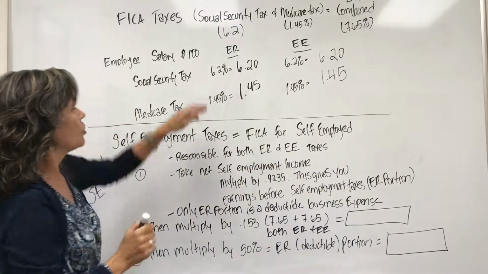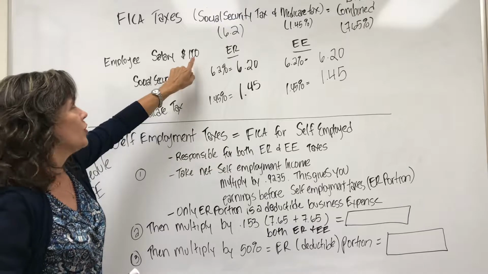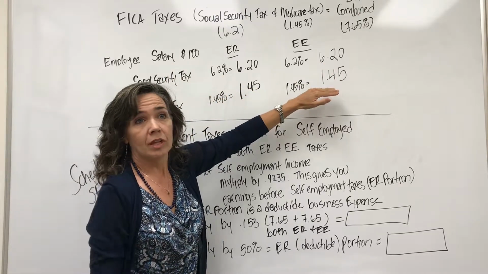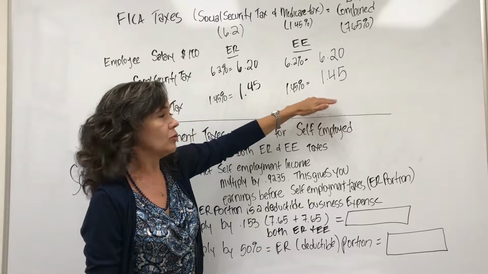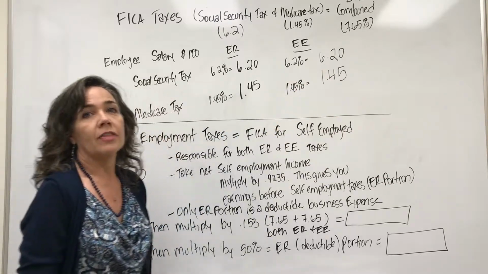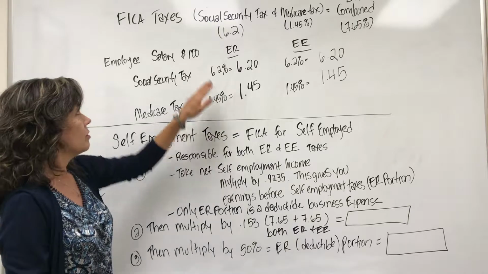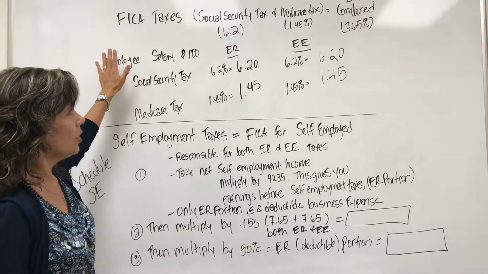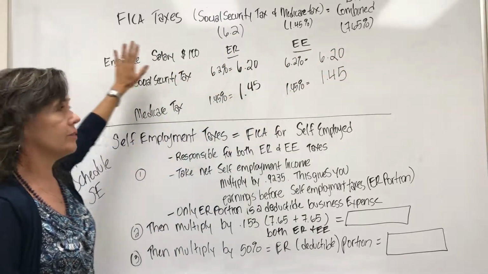So you're not actually getting, as we all know, the $100. You're getting $100 less this amount, less any federal income taxes, state income tax, all of that, and then your net paycheck is usually well below your gross. Okay, so that's how you're being taxed currently as an employee.